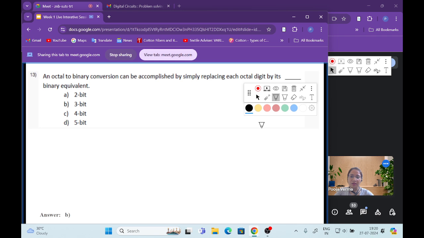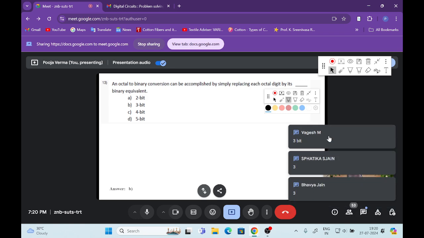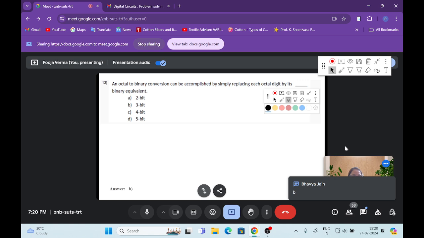How many bits equivalent is equal to an octal representation? Can you answer this? Which one is the correct answer? Yes, correct. 3 bits of a binary number is equal to an octal representation.